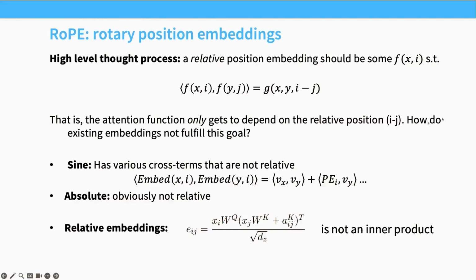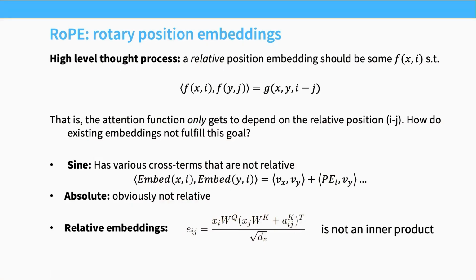And we want to represent it in this way, right? So I have an embedding F, and I have another embedding F, and these take in the identity of the words X and Y and the absolute positions I and J. And I want the inner product of these embeddings to be equal to a function that only depends on the relative difference, right?